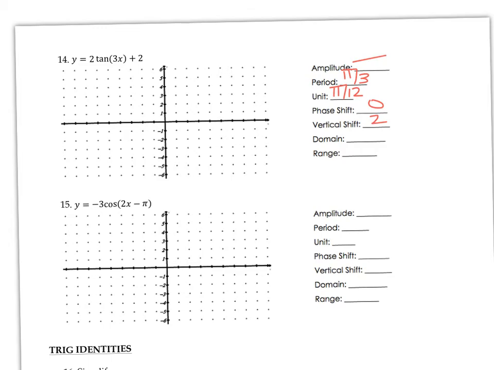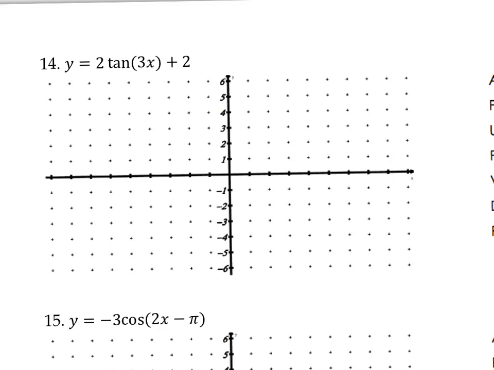So 1 pi over 12, 2 pi over 12, which is pi over 6. 3 pi over 12 is pi over 4. 4 pi over 12 is pi over 3. 5 pi over 12, 6 pi over 12, which is pi over 2. And I'm going to stop because my phase shift is 0, up 2. So that's where my new origin is.